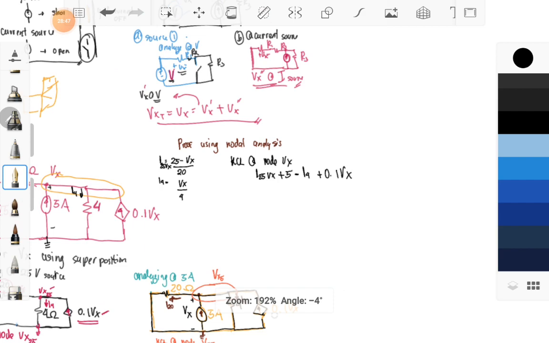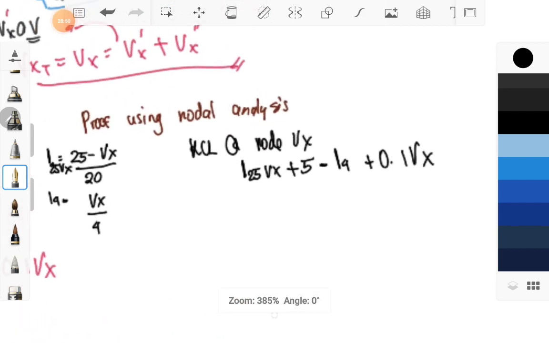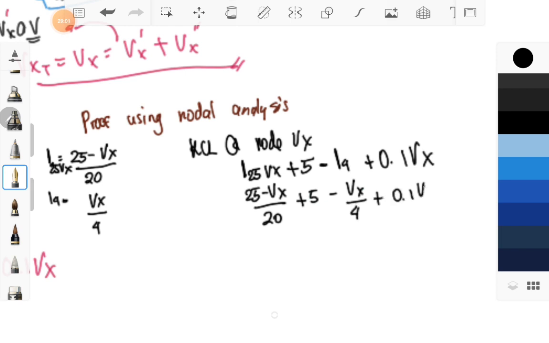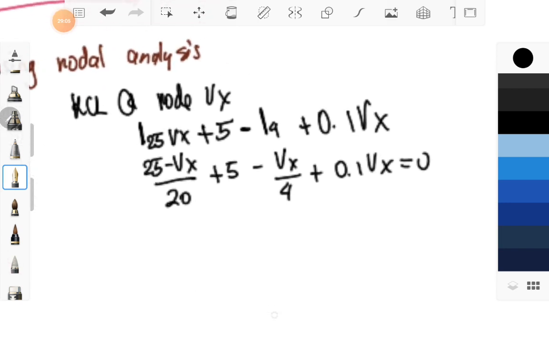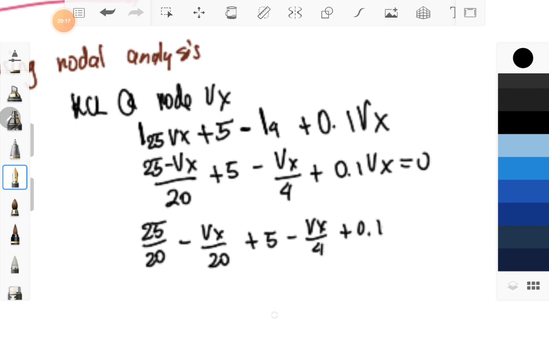Okay, so we have 25 minus Vx over 20 plus 5 minus Vx over 4 plus 0.1 Vx is equal to 0. So we'll have 25 over 20 minus Vx over 20 plus 5 minus Vx over 4 plus 0.1 Vx equals 0.